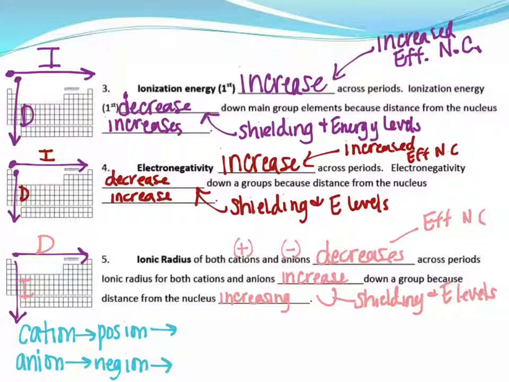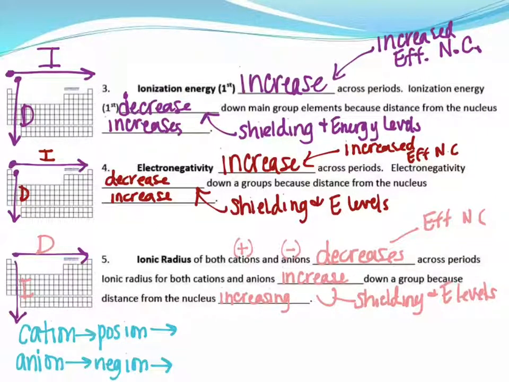All right. A cation of lithium has done what with its electron? It's lost an electron, right? So when it loses an electron, what happens to its size? It shrinks. The size gets smaller.